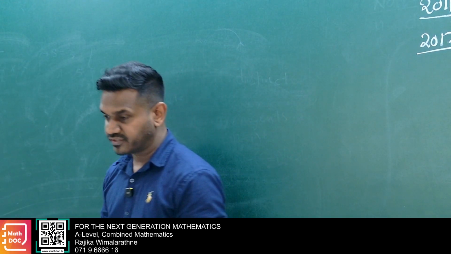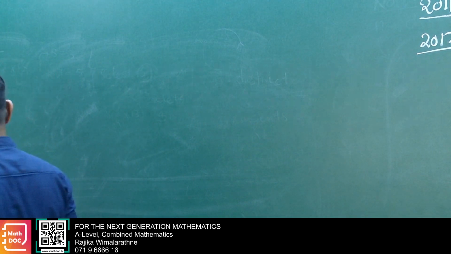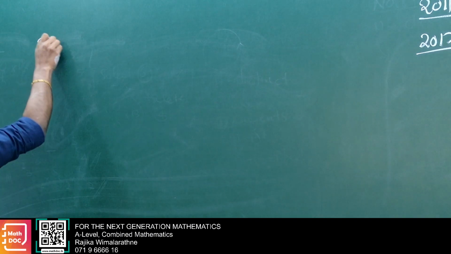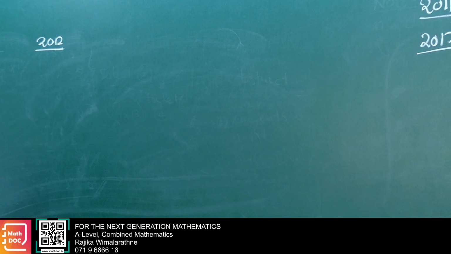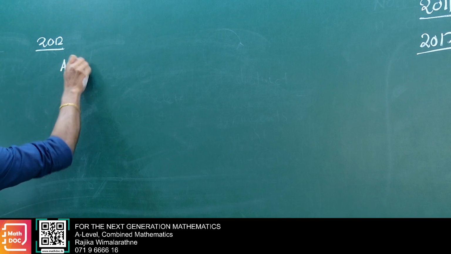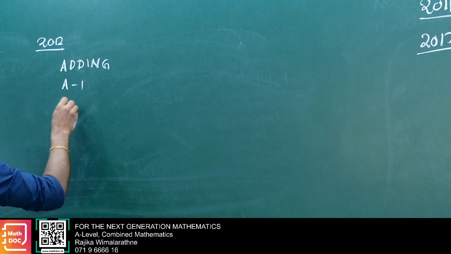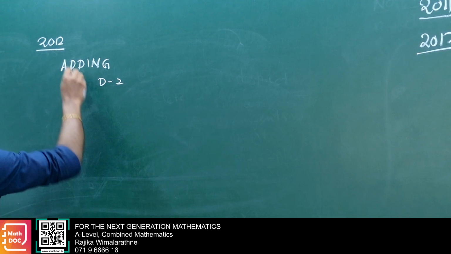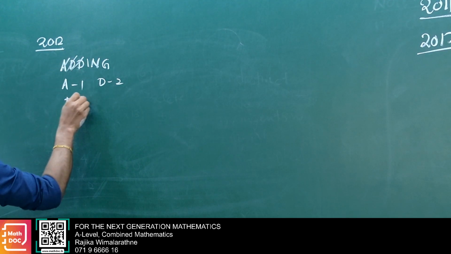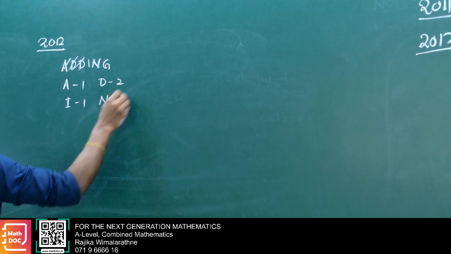Okay, then 2012. Here a word is given: ADDING, that is A1, D2, I1, N1, G1.